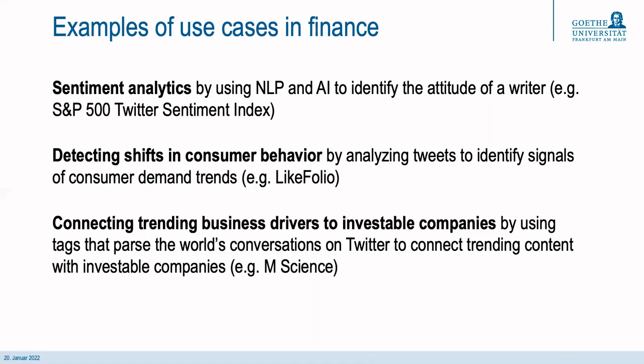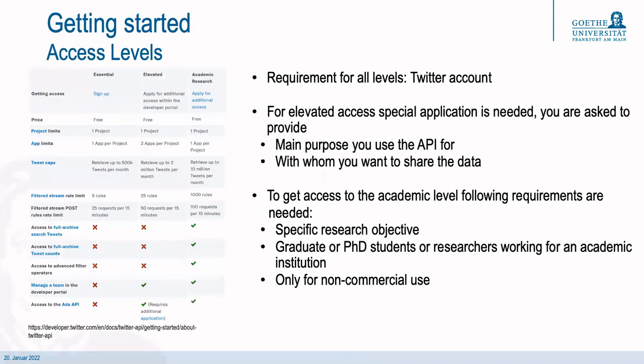Now we know what we could possibly use the Twitter API for, so I can now explain to you how to get access to the API. Here you can see that in general, there are 3 different access levels: the essential, elevated, and academic research access level.